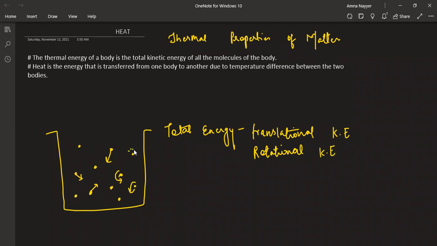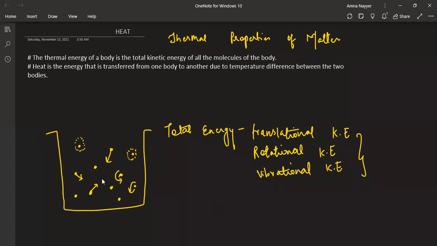And it can also happen that these particles are vibrating at their place. So vibrational kinetic energy can also exist. Right. So these are the 3 types of kinetic energies that will exist.